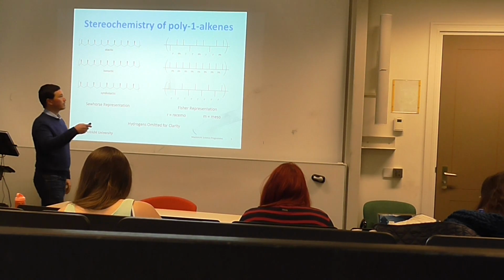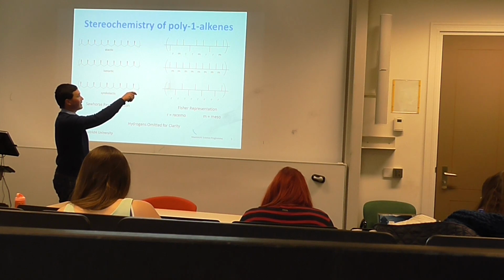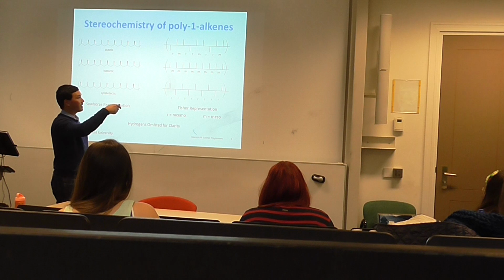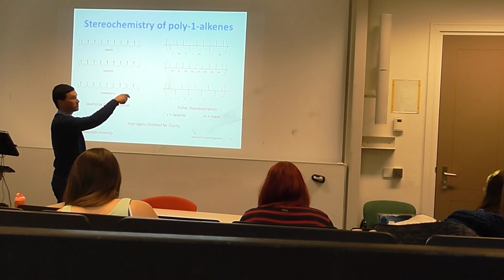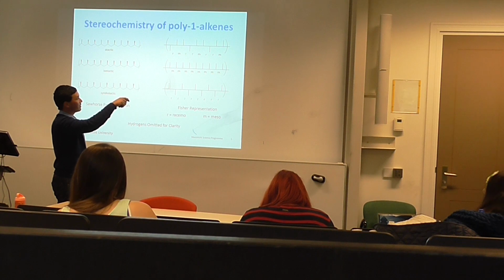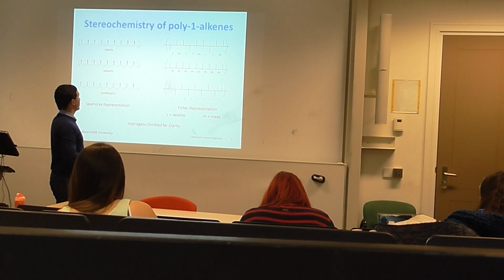So what does it mean? It's relative to the previous methyl group, if it's a polypropylene. If the methyl group points in the opposite direction, then we call it R. If it points in the same direction, then we call it M. Okay?